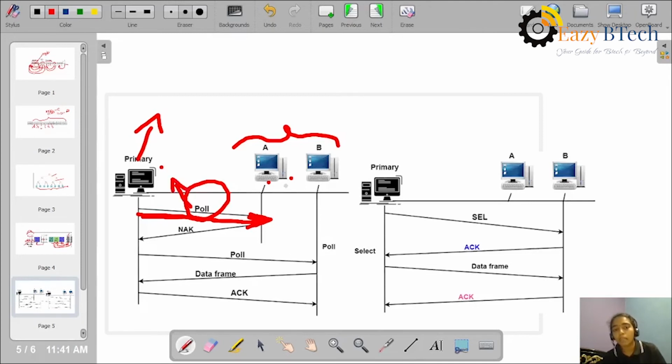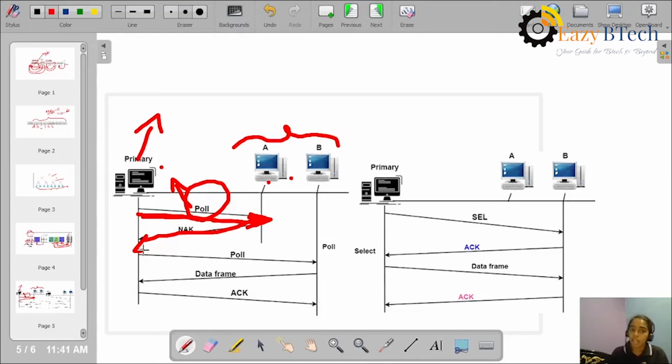If device A has a data frame, it will send it. Otherwise, it gives a negative acknowledgement. NAK means negative acknowledgement, meaning currently device A does not have any data frame to communicate with the primary device. So the primary device leaves that client A.